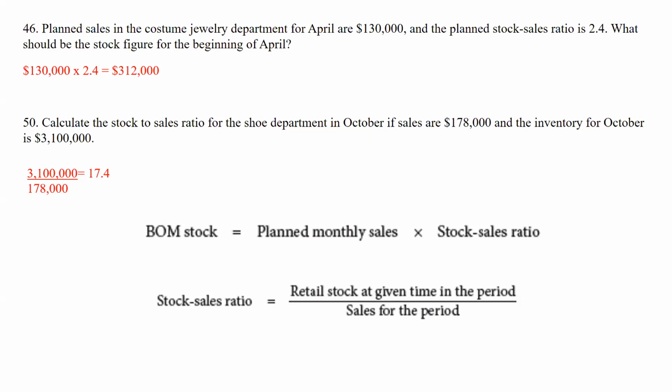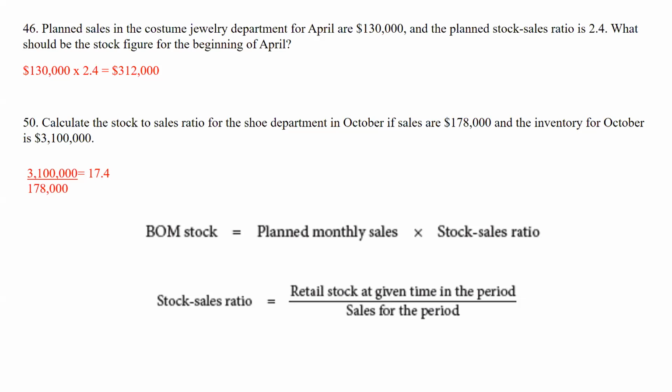Okay. Why don't you go ahead and do problem number 47 on the same page, 269. And you see in this problem, it is the outerwear department and their stock to sales ratio is 5.5, which is very high because the more clothes you have and the sizes you have, the higher your stock to sales ratio is, because you need to have that many sizes, that many SKUs to help you do the sales.